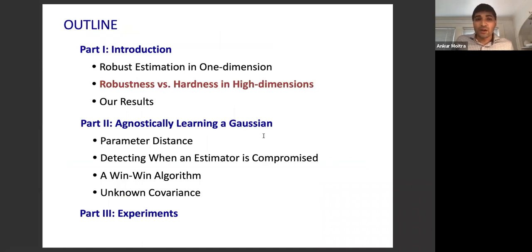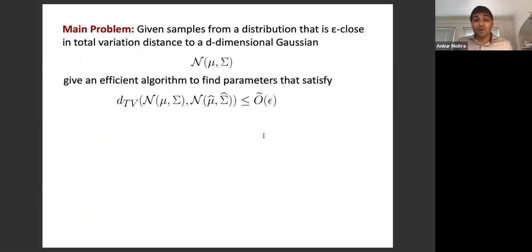So let me tell you about the question that I'm really going to care about in this talk now that we've set up the language of what robust statistics is and what sorts of noise models we're interested in, which is actually the same question that I've already introduced you to, except that it's happening in D dimensions. So again, we're given samples from a distribution that's not exactly Gaussian, but it's epsilon close in total variation distance to being a Gaussian.